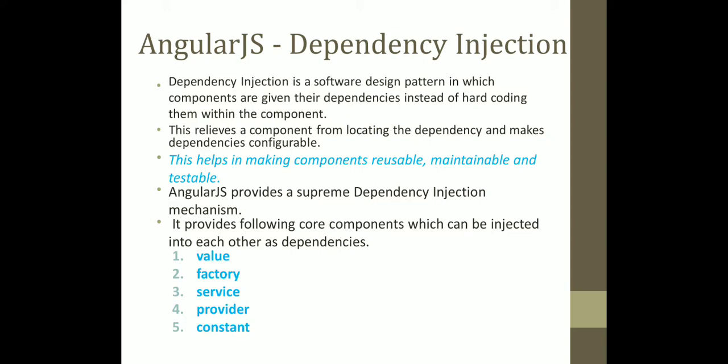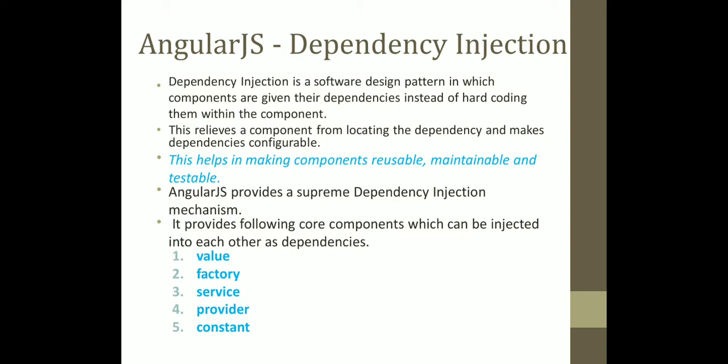And in easy words, dependency injection is a pattern of software design which indicates how the components obtain hold of their dependencies. In this, the components are assigned their dependencies rather than coding them within the component.